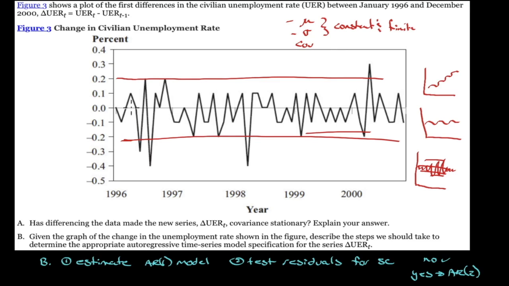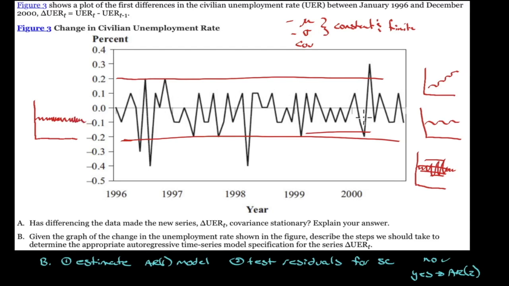And for covariance, we can see that it seems to be fairly regular in its variation. Again, where it wouldn't be covariance constant and finite is if you had something that looked like this, where it looks like you have constant mean and constant variance, but if you look at the fluctuations, they start to increase dramatically, then they spread out, then they increase dramatically, then they spread out.